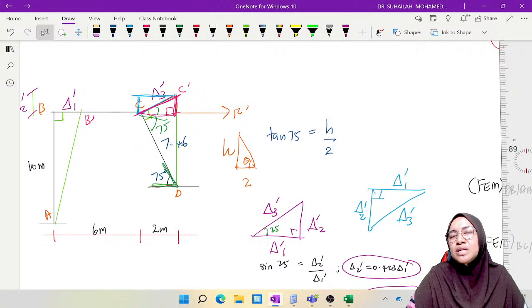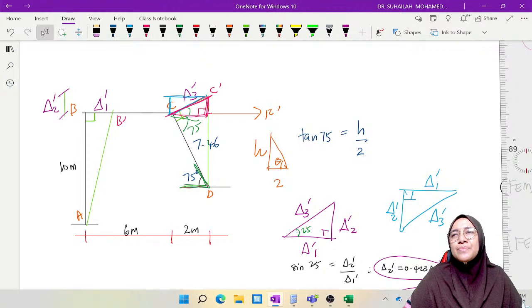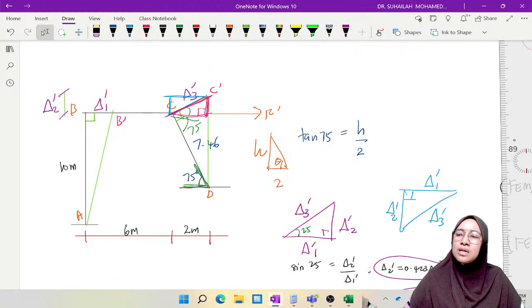Actually, frame with two inclined columns is not as complicated as this. You can refer to the textbook, I don't remember, it is 12 point something. Please relook at that. Between one inclined column and two inclined columns, one inclined column is the most complicated.